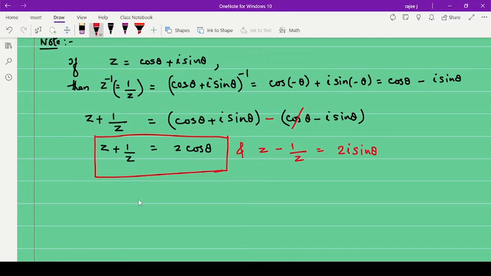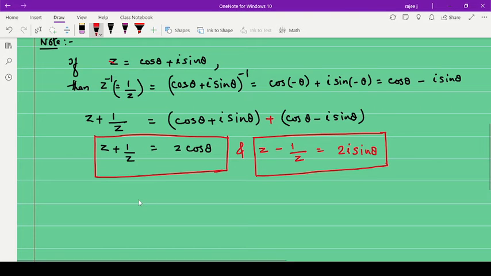So these two formulas you have to remember, you have to learn. You can also write them as: if I want just cos theta, it will be z plus 1 by z divided by 2, and for sin theta, it is 1 by 2i of z minus 1 by z. You can take 2i to the denominator.